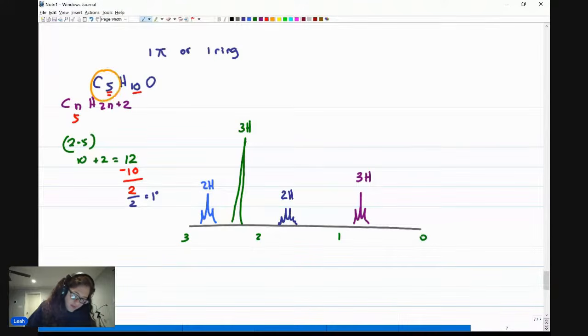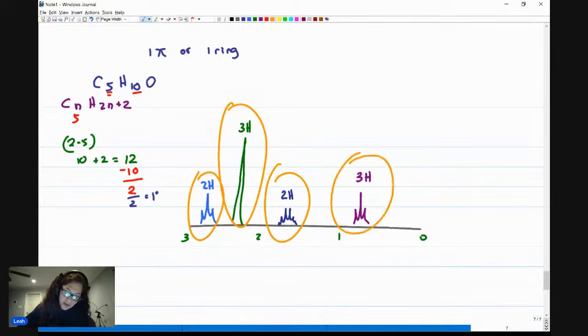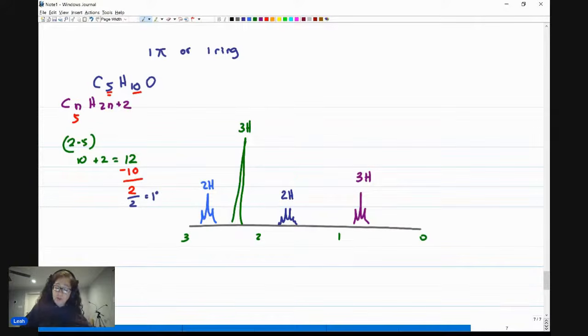If I have 5 carbon atoms and I only have 4 peaks on here, then it could be one of 2 things. It could either be that 2 of the carbons are exactly the same and therefore they're showing up as 1 peak, meaning some kind of symmetry, or one of the carbon atoms does not have hydrogen on it.